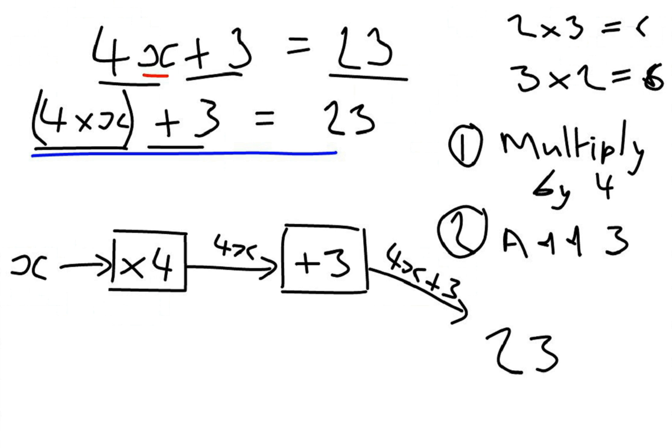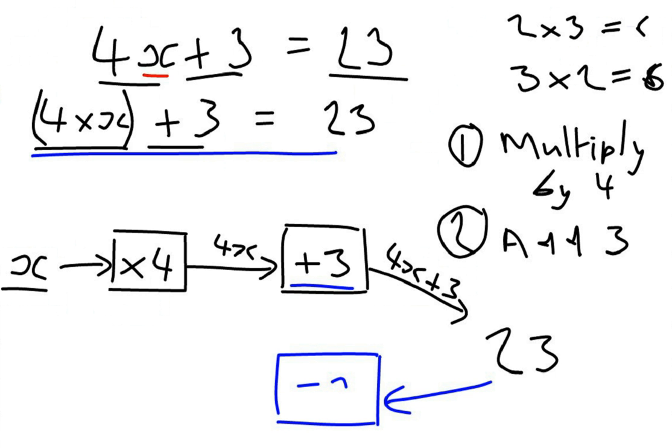Okay, we want to work back the way, work in reverse, to find out what this x value was. Okay, so let's choose a different colour. The first thing I'm going to do is go back the way, and I'm going to draw a box underneath this original box here of plus 3. In our new box, we're going to do the opposite of plus 3. We're going to write minus 3.